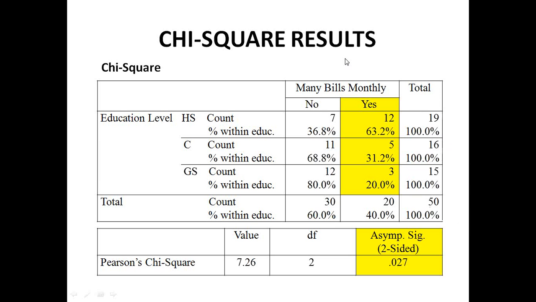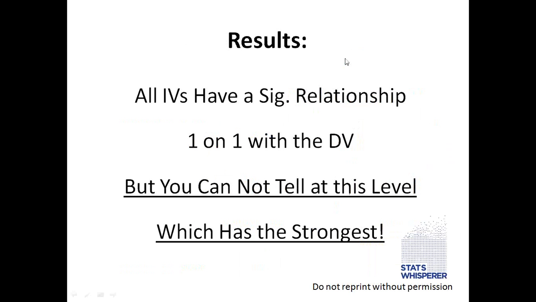That's how you do a chi-square. Now, let's take our results. We found that all our independent variables had a significant one-on-one relationship with our dependent variable. But you cannot tell at this level which independent variable has the strongest relationship with the dependent variable.